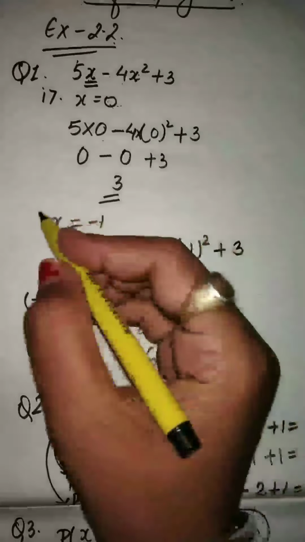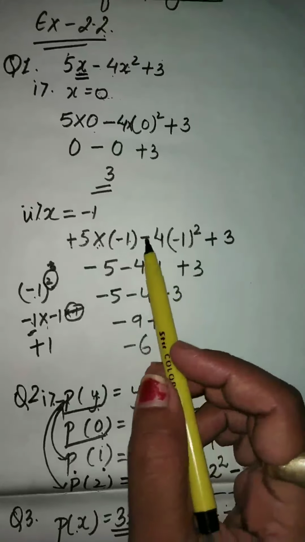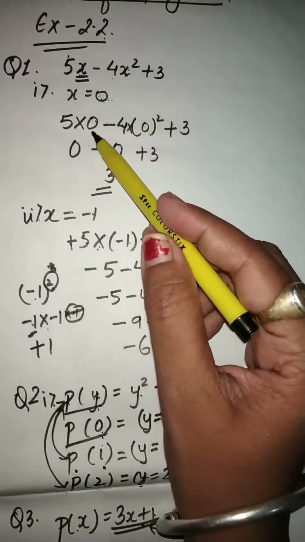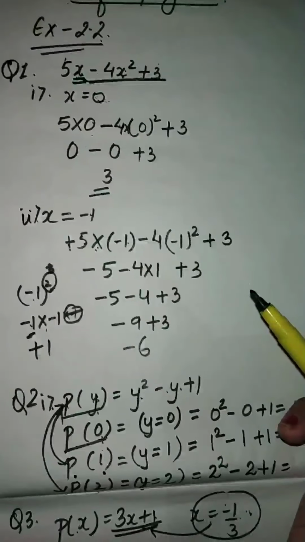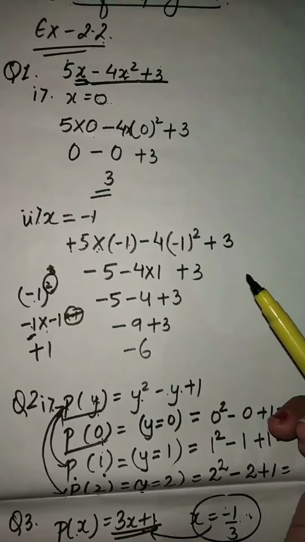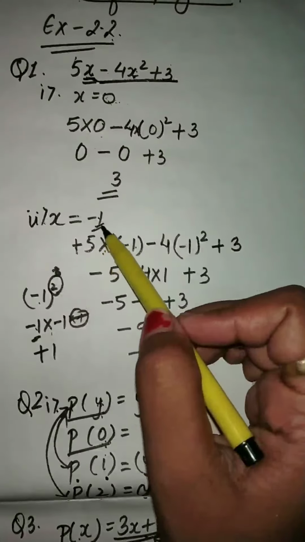Similarly we have the second part, where x is equal to minus 1. As in the first one, the expression is 5x minus 4x square plus 3, and in that one we have to put the value of x as minus 1.